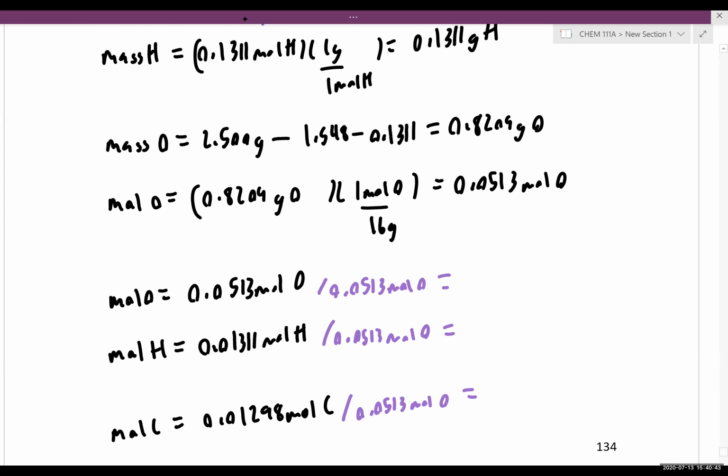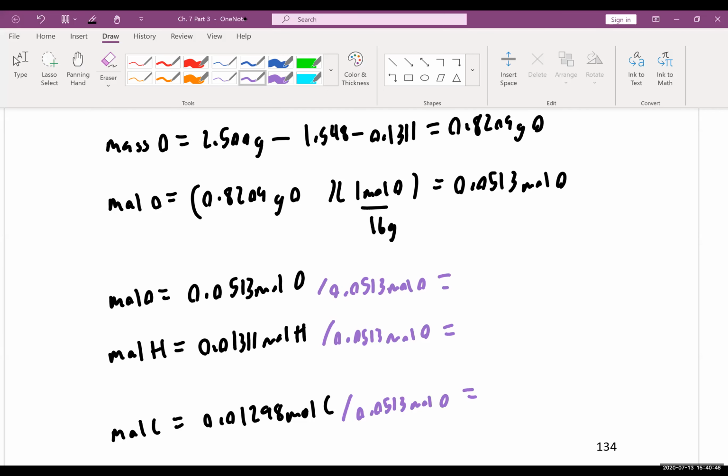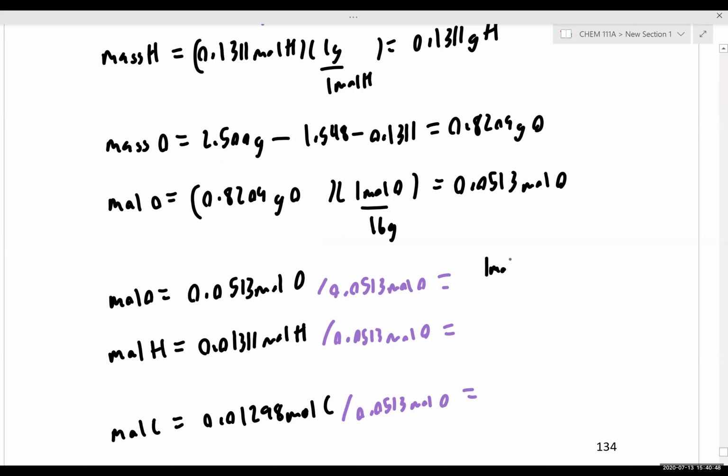So punching this into our calculator, we in turn get 1 mole of oxygen per mole of oxygen. For this next set, we have 0.01311 over 0.0513. That gives us 0.3069 moles of hydrogen per mole of oxygen. And for our moles of carbon, we have 0.01298 over 0.0513.